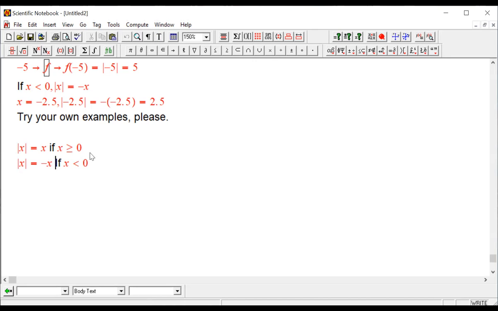"If"—that's okay, it works grammar-wise. Now there's a repetitive part here. In mathematics, when you enter your calculus class, what you're going to see is the following.